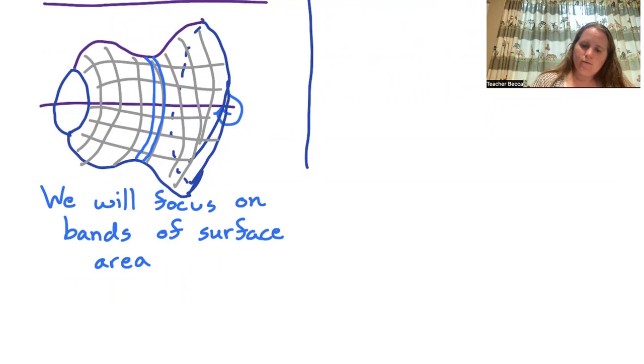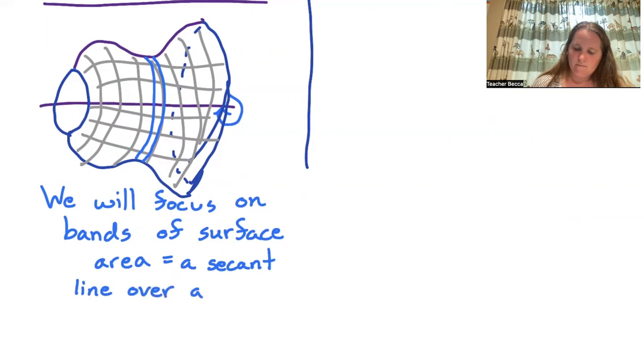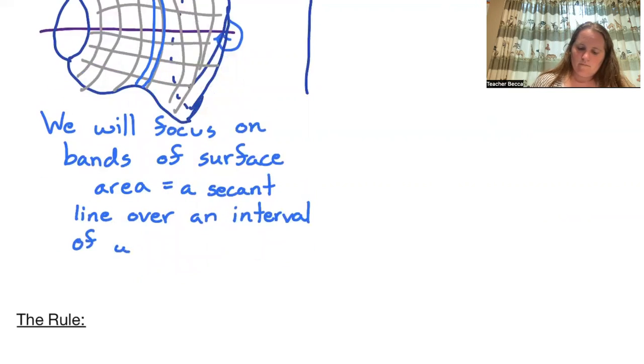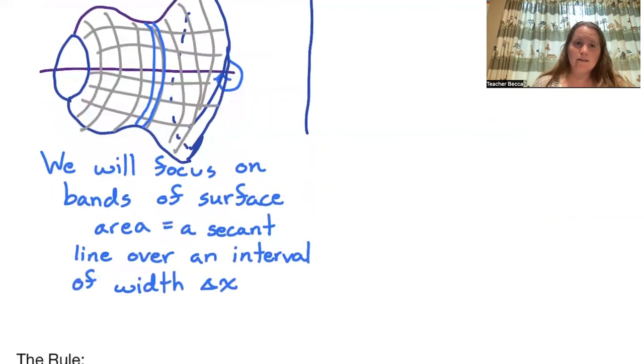This will be a little teeny secant line over an interval of width delta X, which is then rotated about the X axis.